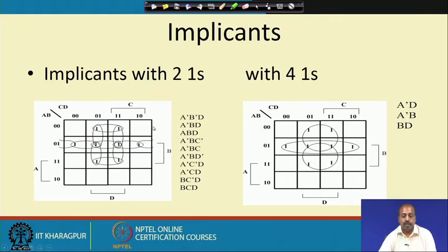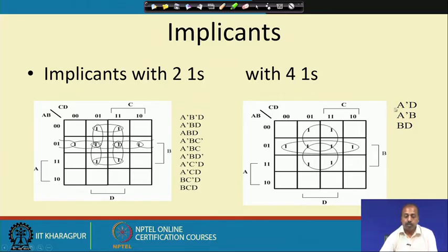For an implicant to be a prime implicant, it should not be possible to cover it by a larger sized implicant. That is why this a bar b bar d is not a prime implicant, but a bar d is a prime implicant. If you remove any literal from a bar d, it will no more remain an implicant of the function, because some zeros will now be taken as 1. So, that is not correct.